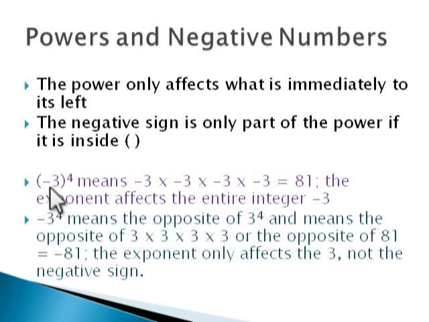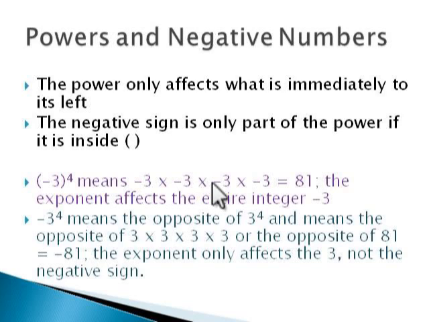If there is a set of parentheses around your negative number, it means that you have 4 -3s. So that means it's -3 times -3 times -3 times -3. Okay? And a negative times a negative is a positive.